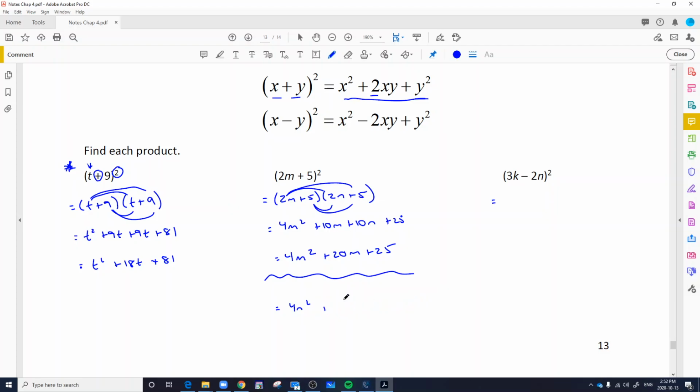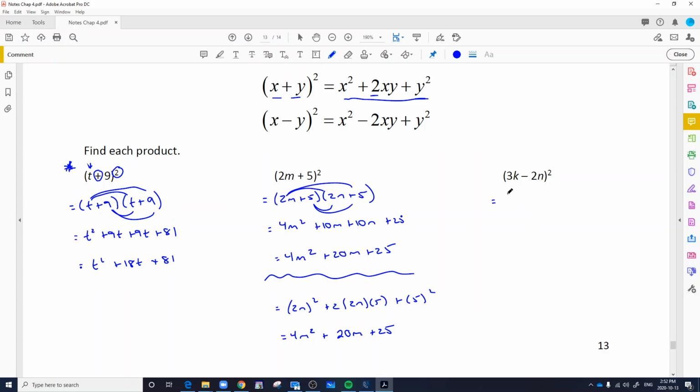You take the first term and you square it, and then it's 2 times the 2m times the 5, and then it's that last term squared. So if you want a trick for multiplying these, write that out and do it. You get 4m squared plus 2 times 2 times 5 is 20m plus 25. But if you think you might mess that up at all, just write them out and multiply.